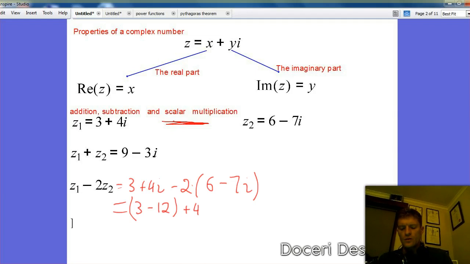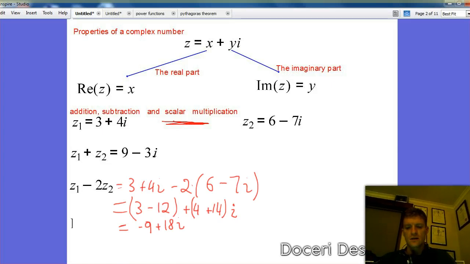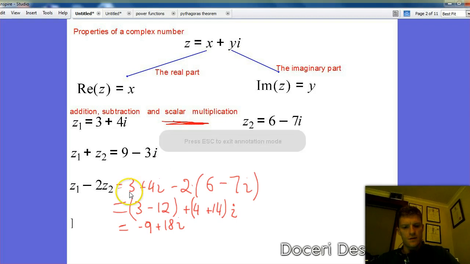Now the negative 2 multiplied by negative 7 is positive 14 as the imaginary part of the number. And in simplifying, we have negative 9 plus 18i. Okay, so scalar multiplication again is quite straightforward.